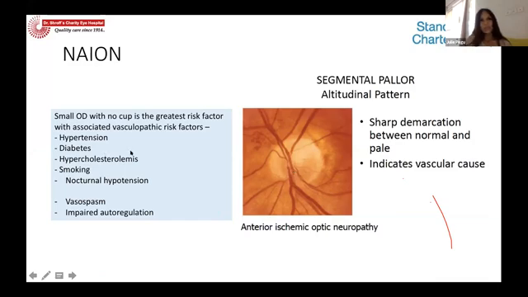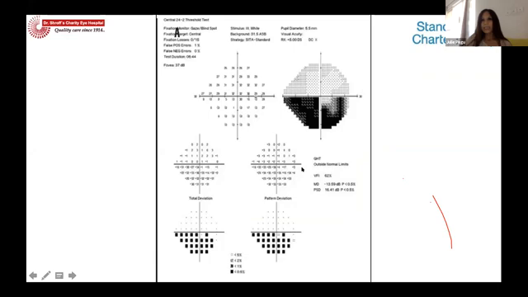This kind of patient also has vasculopathic risk factors like hypertension, diabetes, hypercholesterolemia, any vasospasm or impaired autoregulation. Here, you may feel that the superior and inferior parts of the neuroretinal rim are appearing pale. And this kind of patient will have a typical altitudinal defect.